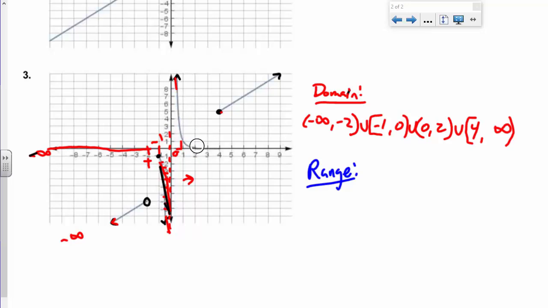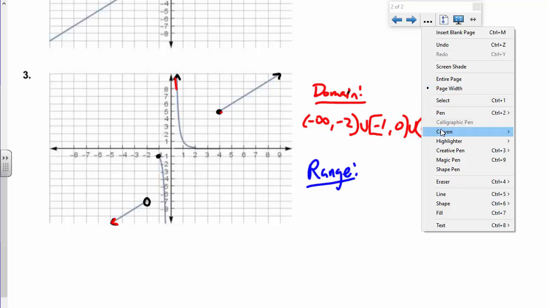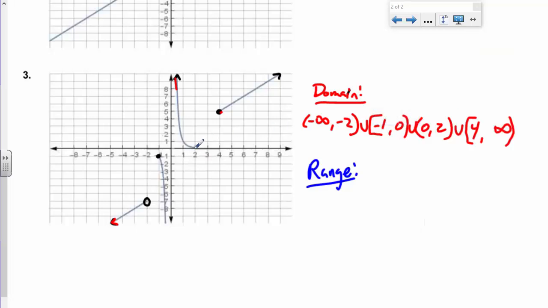And I'll fill in the gaps here in a second, wherever I should have left any. Let's put something back here. That was an open circle, I think. Yep, right there. And then we'll do the range.